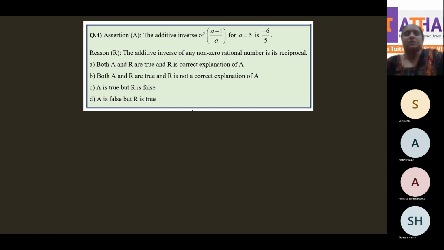Now see here, the value of a is given, so instead of a, use 5. 5 plus 1 is 6. 6 by 5. Is this correct? True or false? False.